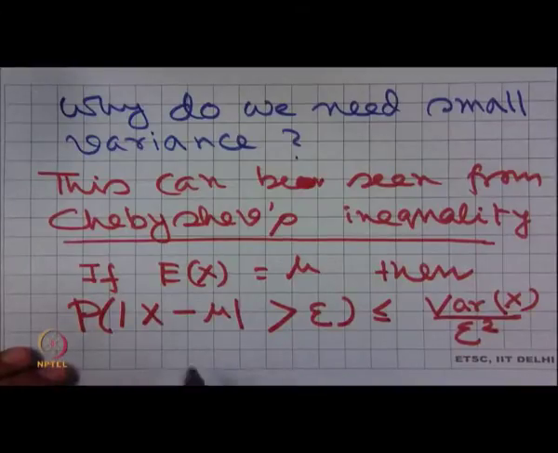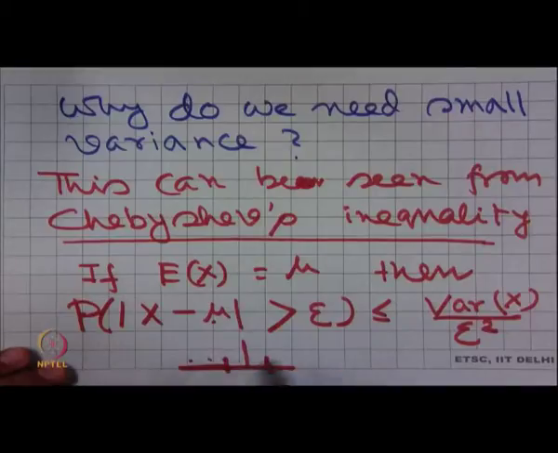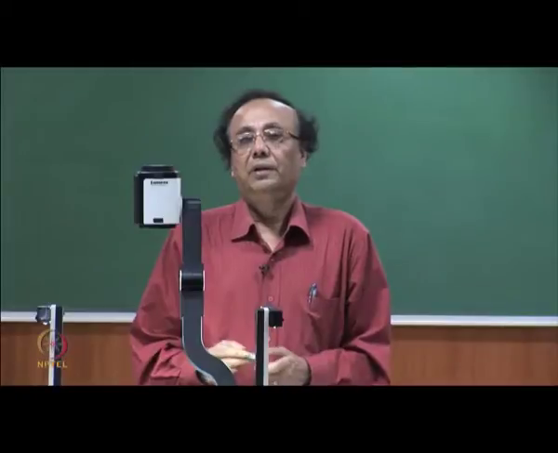That means, if mu is the expectation, the probability that x minus mu is greater than epsilon, so if we take this epsilon, the probability that x will lie outside this limit is going to be less than or equal to variance of x upon epsilon square.